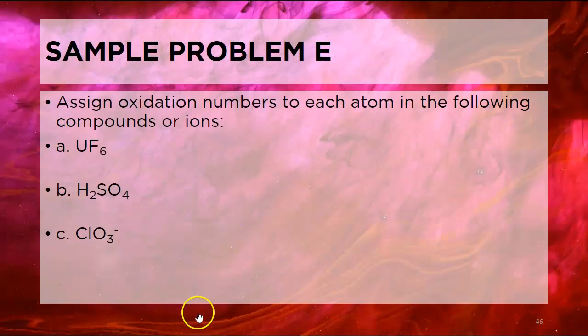So let's try this with a few examples. We're looking at UF6. So when I'm assigning numbers, do you guys remember what element will take priority there? Which one's the most electronegative?